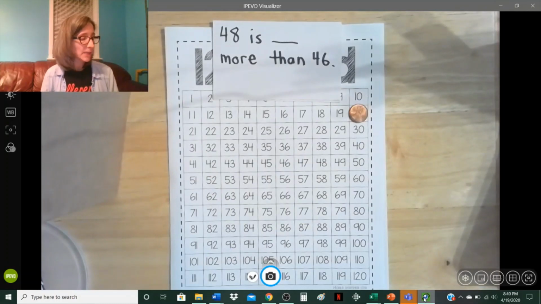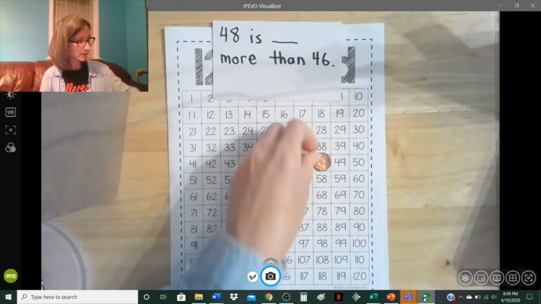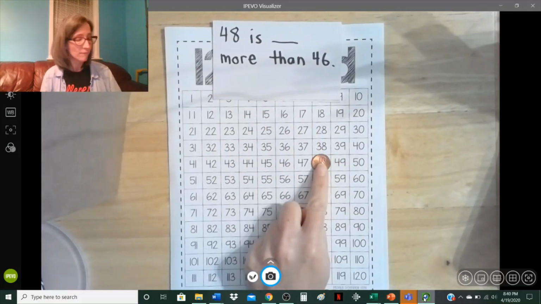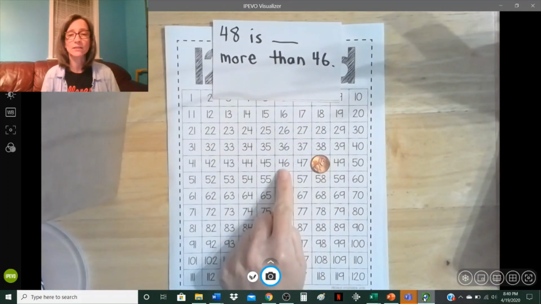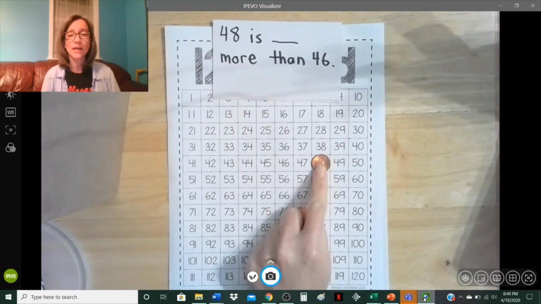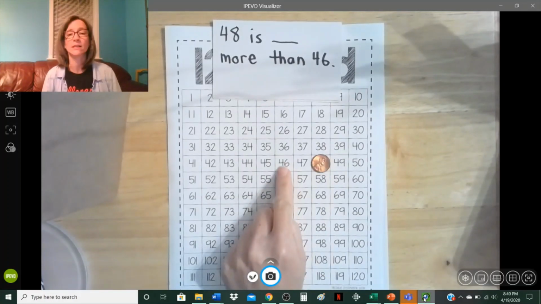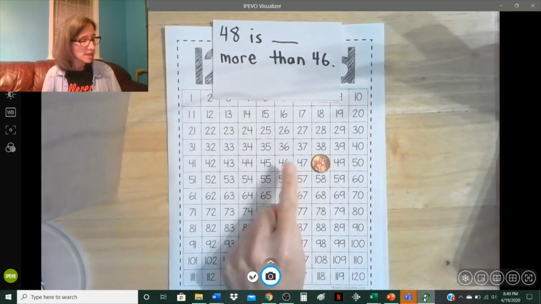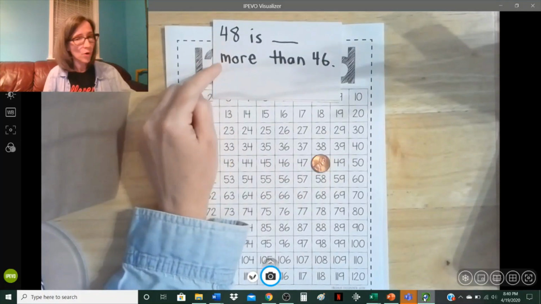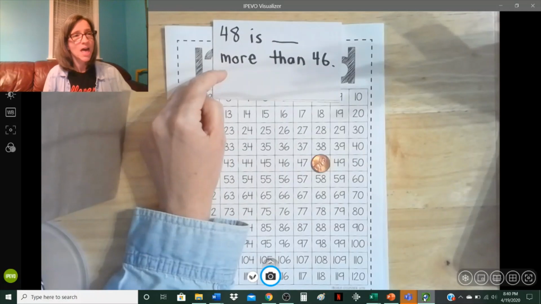48 is blank more than 46. What does that mean? When I find 48, 48 is close to 46. How many more does 48 have than 46? This sounds like I'm finding the difference.